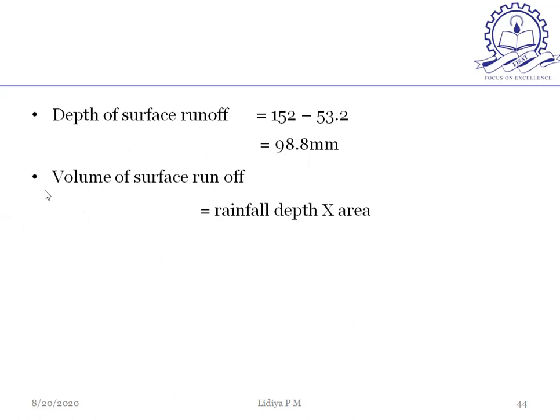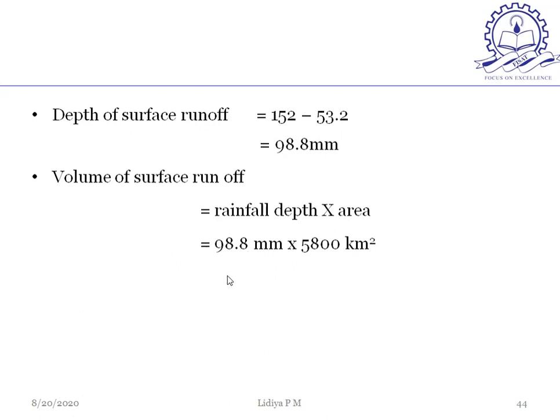Then next, in the question we have to calculate the volume of surface runoff, that is equal to rainfall depth into area. What is the rainfall depth here? That is the surface runoff depth, here it is 98.8, into area. For the 5800 square kilometer area, we have to calculate the volume of surface runoff. So it is 98.8 into 5800 square kilometers.